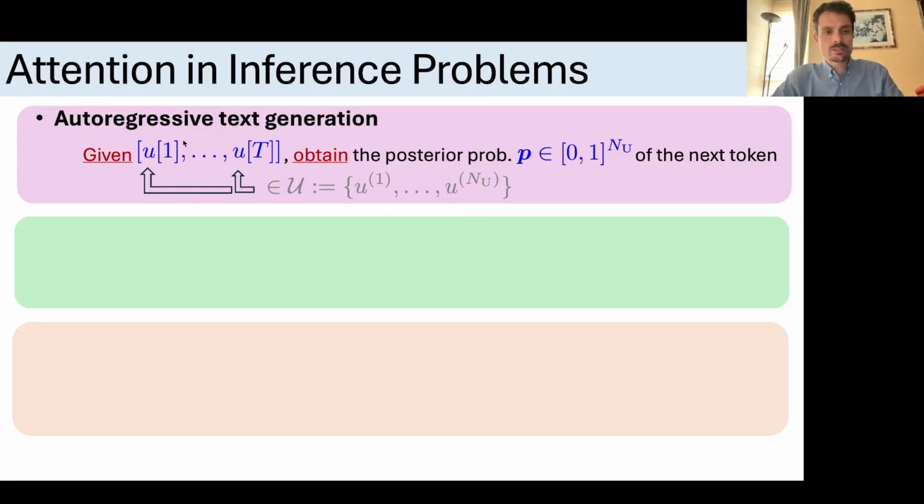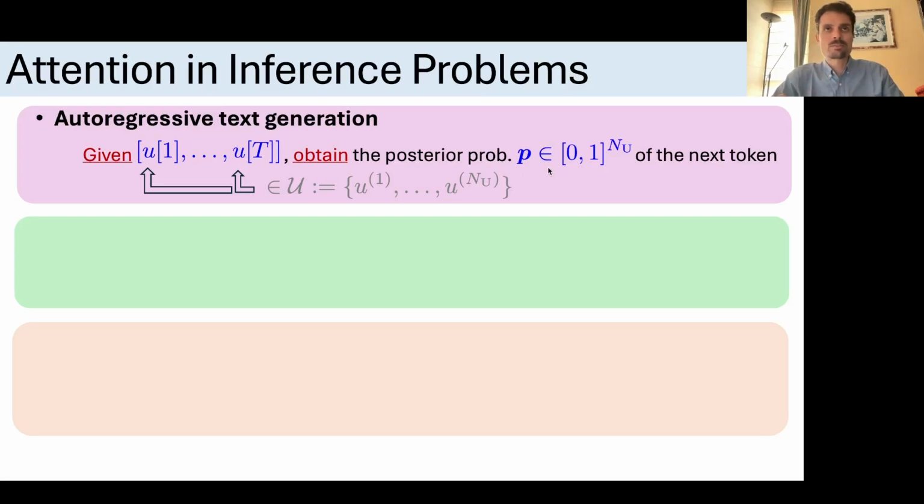And since the tokens are represented by vectors in transformers and this kind of algorithms, what we have here is a problem where the input is a collection of vectors and the output is a vector.